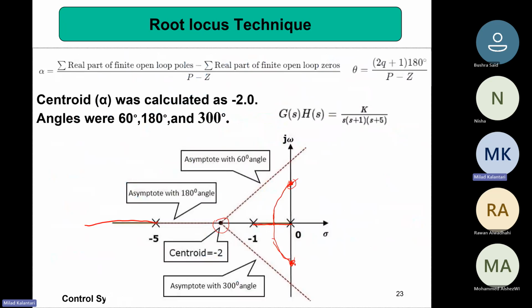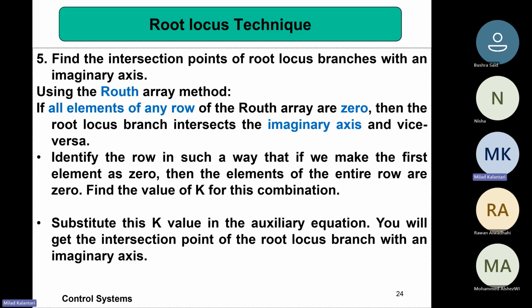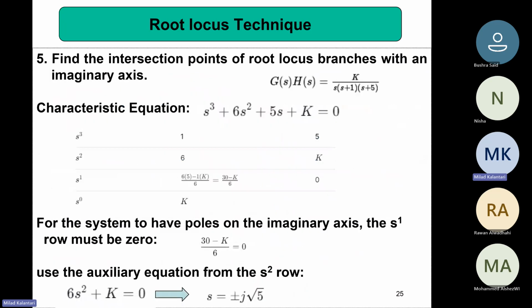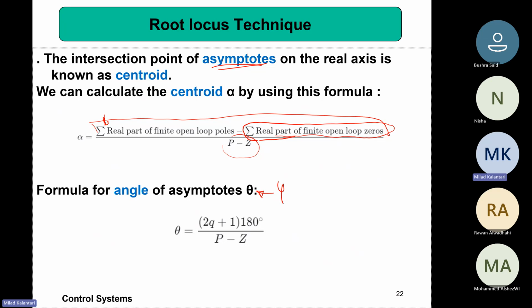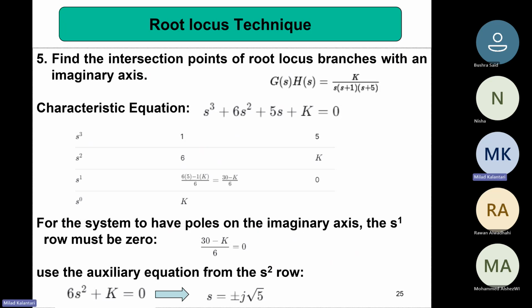So we take that tool back to find the real situation where the poles are passing or cutting the imaginary line, right? If we really want to find the accurate values, we need to. In some cases, we don't really need to find the value, but it is possible to find. So we try to find it then.